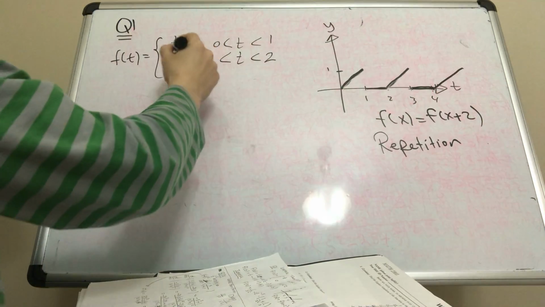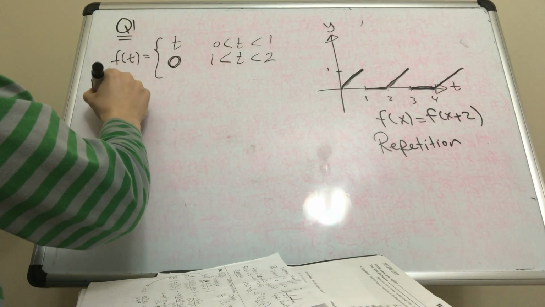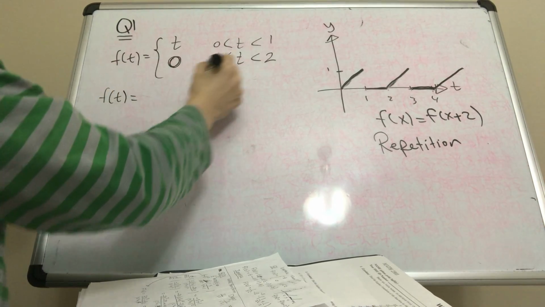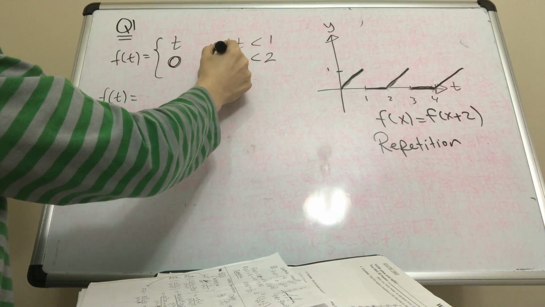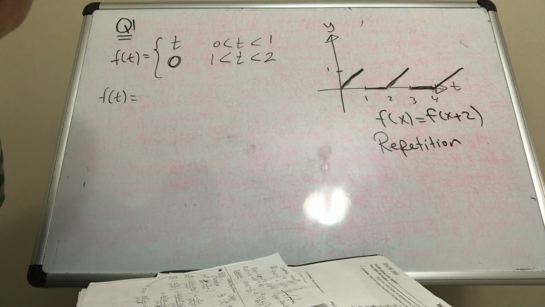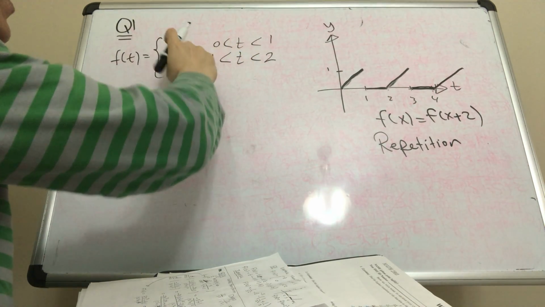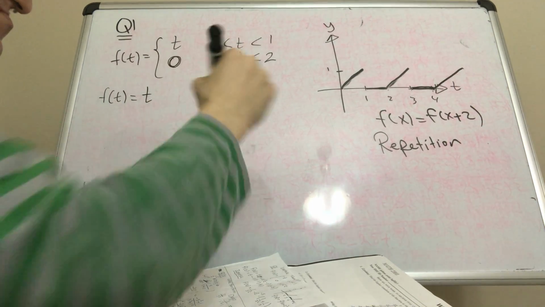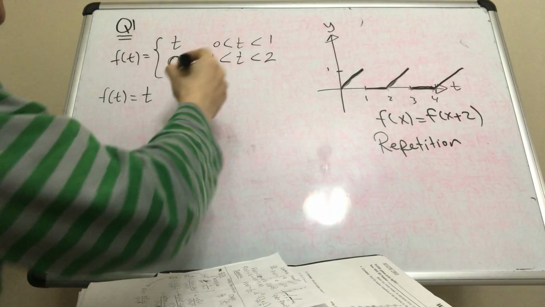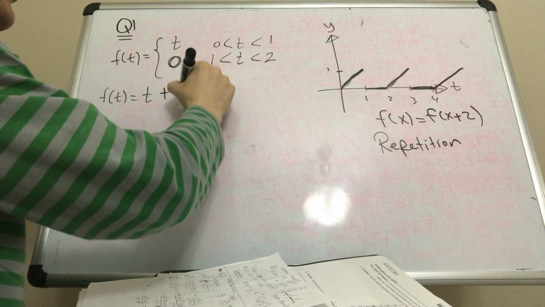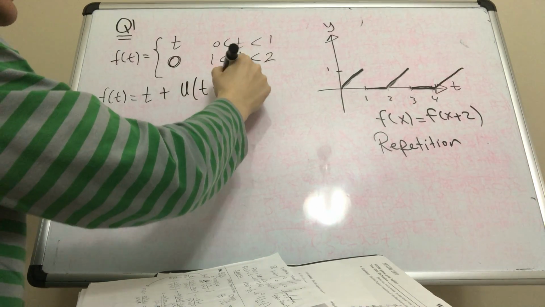Now, to do this, since this is similar to the previous worksheet, since the first one starts from 0, you can just bring it down. Then this one, you say t minus 1.